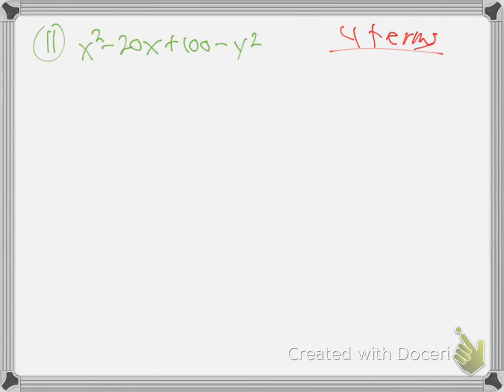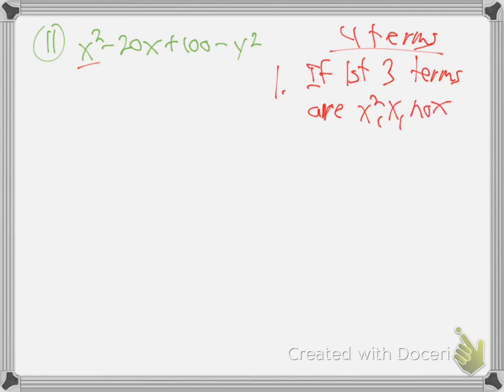With four terms, step one, if the first three terms are x squared, x, no x. See how this is an x squared, an x, and no x. If the first three terms have that, then do a 3-1.